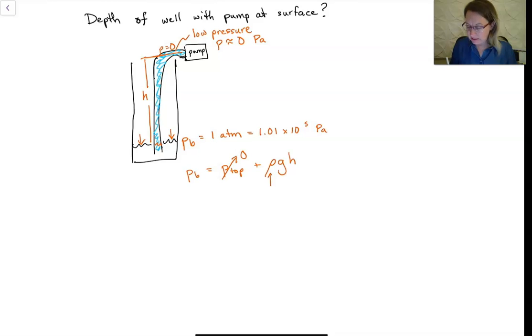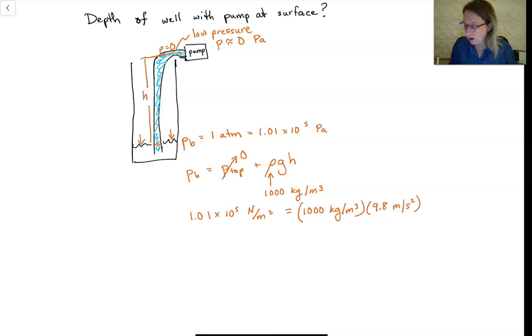And we need the density of water, which is 1,000 kilograms per meter cubed. g is our 9.8, and we can find our h. So we've got 1.01 times 10 to the 5th pascals, which is newtons per meter squared, just so we can check our units, is equal to 1,000 kilograms per meter cubed times 9.8, that's our g, meters per second squared, and then our h.